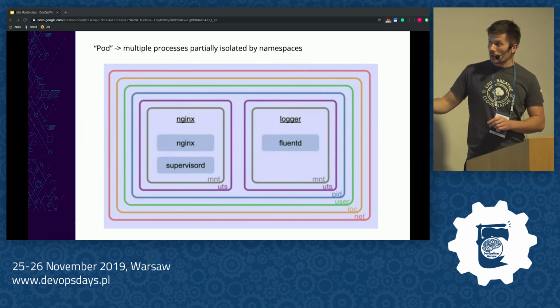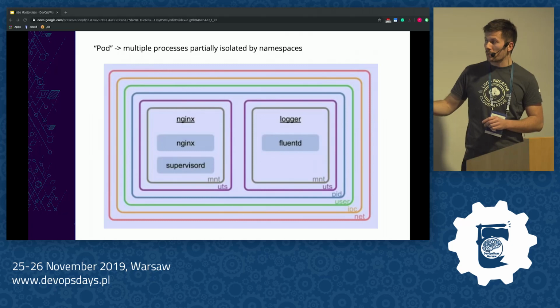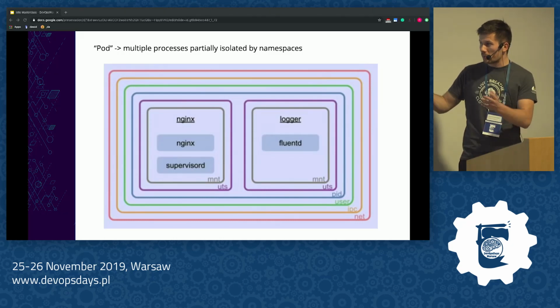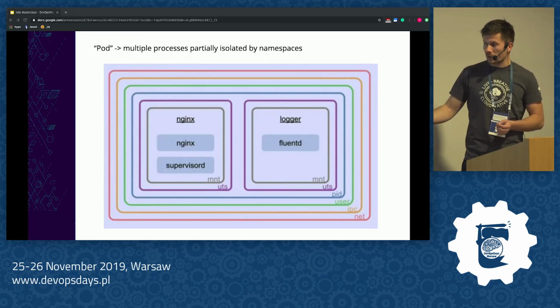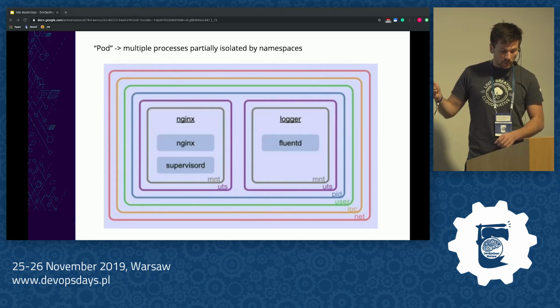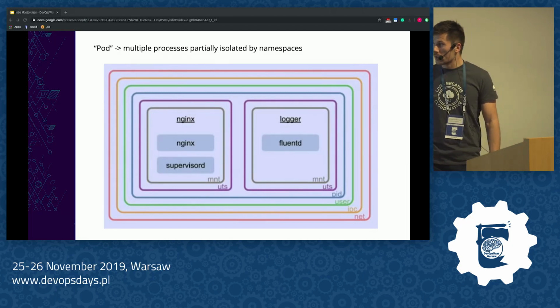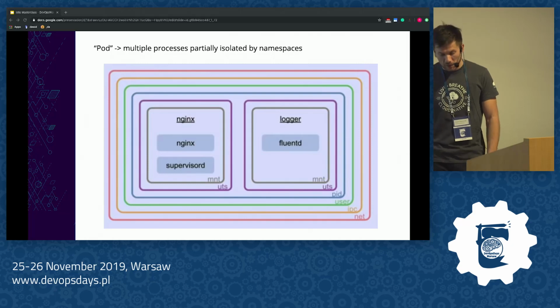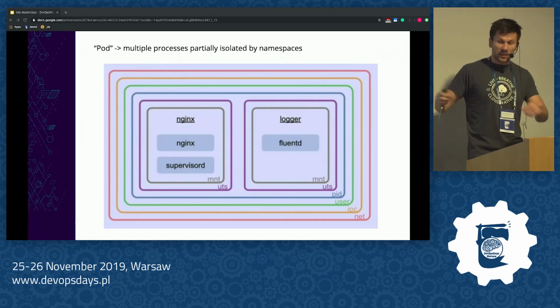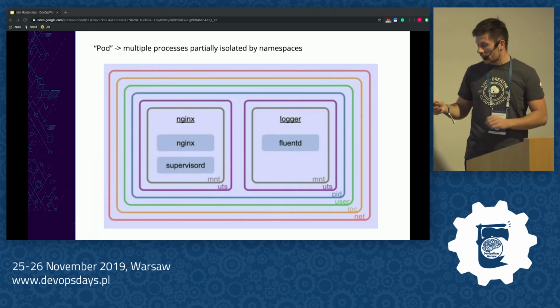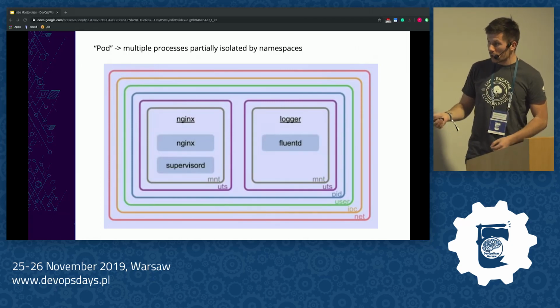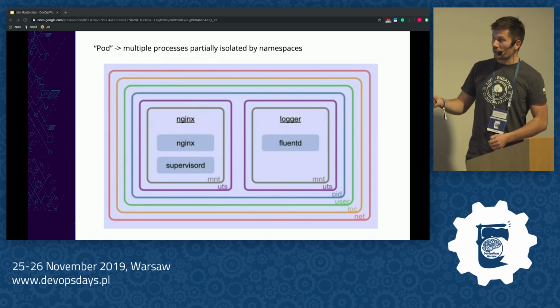And what it means is also that if this container applies some iptables rules, like, I don't know, iptables drop all, whatever, then the same rule applies to this container as well, because again, they are in the same network namespace. And what it also means is that if we deploy the Istio Sidecar here instead of FluentD, the first thing that Istio Sidecar will do is apply some iptables rules to redirect all the traffic coming to that pod. So it goes first to Istio and then goes to Nginx.